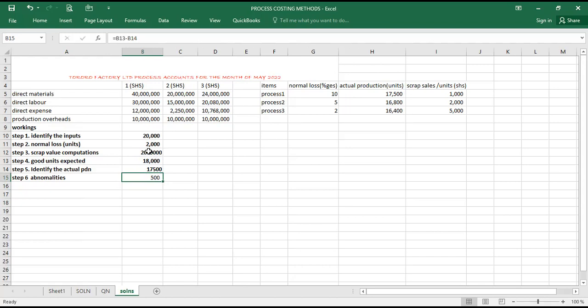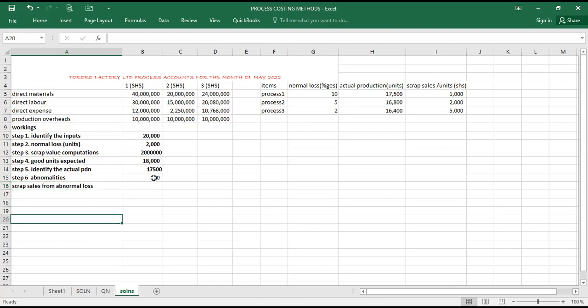Whatever we've been computing except this was in units. These units, we also want to get the scrap sales, because they told us everything was scrap, not waste. Scrap sales for that abnormal loss.